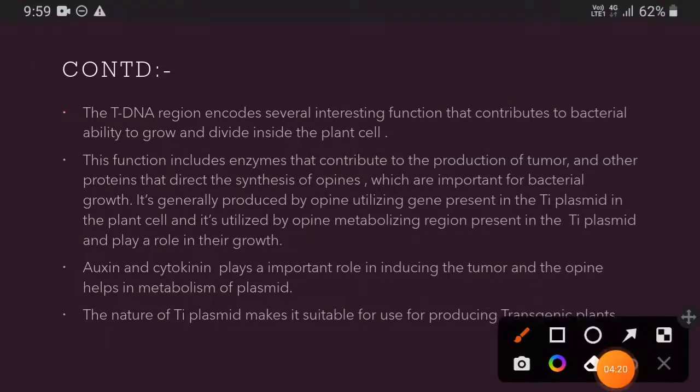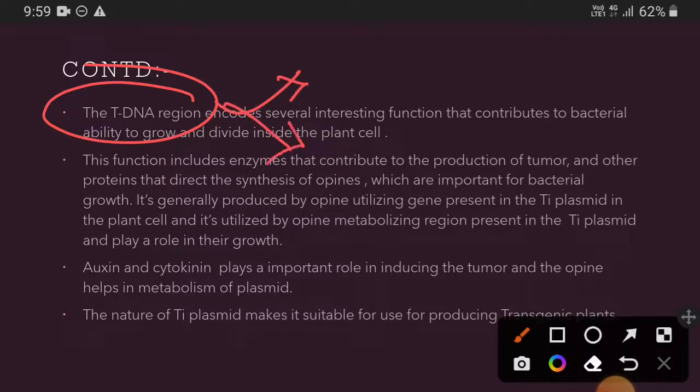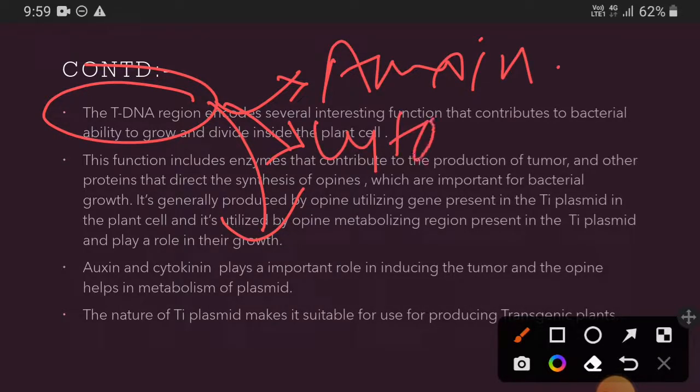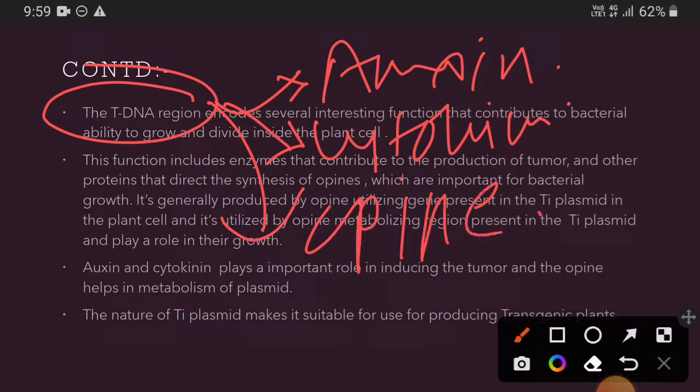So the tDNA region, after inserting inside the plant cell and integrating with the plant genome, is used to produce three things. One is auxin, another one is cytokinin, another one is opine. The first two, auxin and cytokinin, are involved in overproduction of phytohormones, right?